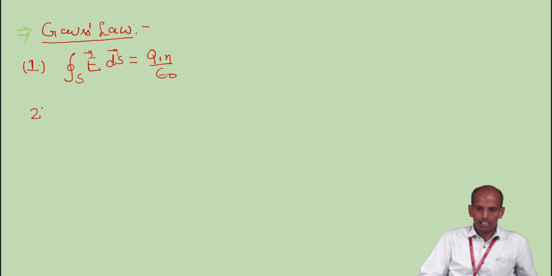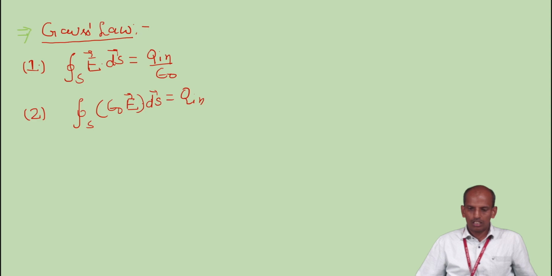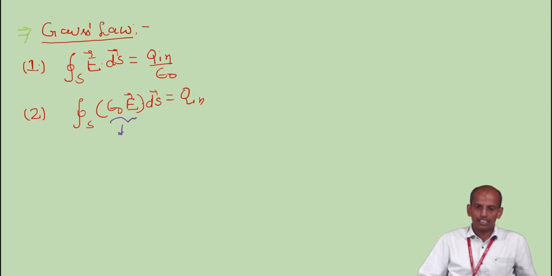Another form one can write is the surface integral of epsilon naught times E dot ds is q in. And the moment you write epsilon naught times E, physics gives it another name, called D.